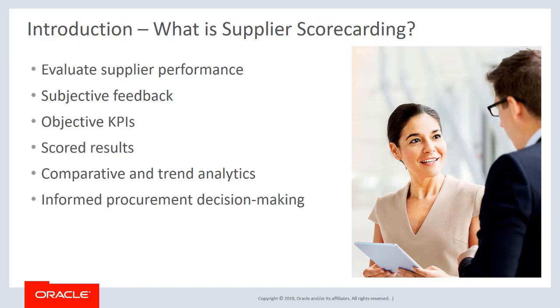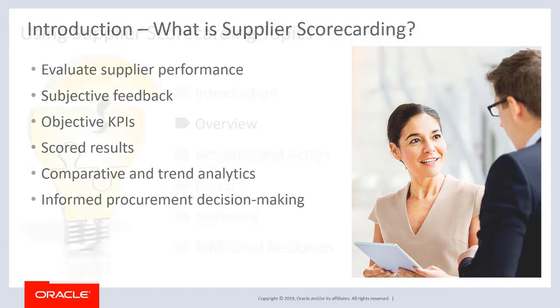At a high level, scorecards are used to subjectively and objectively evaluate the performance of suppliers, solicit feedback from individuals within the organization that have had interactions with the supplier, create supplier evaluations that can include objective information in the form of KPIs that query transactional data about the supplier's performance, and review evaluation results, which are used to compile comparative and trend analytics so you can assess supplier performance and make future procurement decisions.